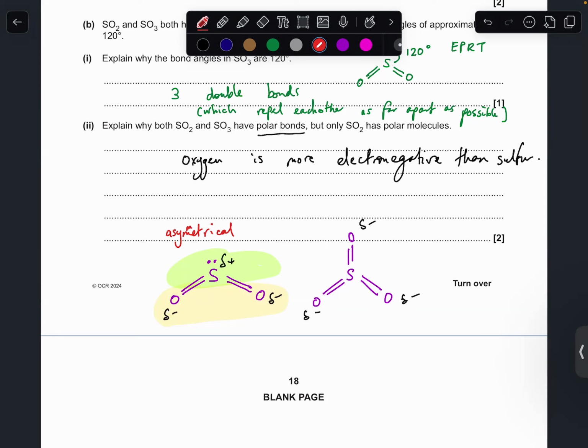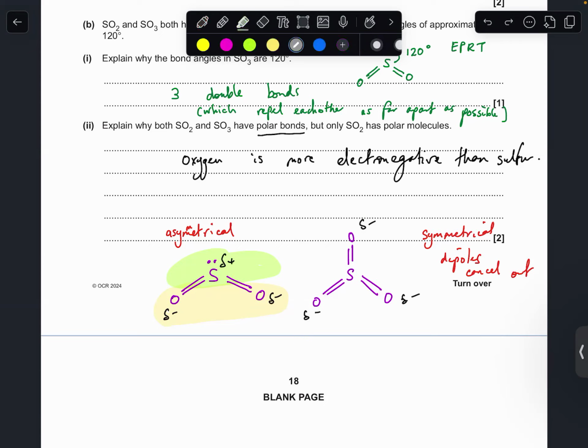Whereas sulfur trioxide is symmetrical. And in this case, the dipoles cancel out. Imagine all the oxygens are pulling on the sulfur equally. The sulfur is not going to move because all the forces cancel each other out.